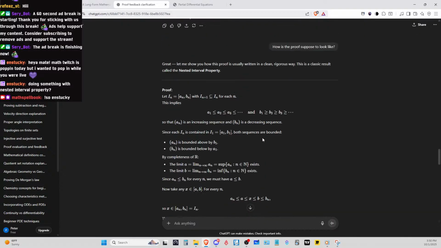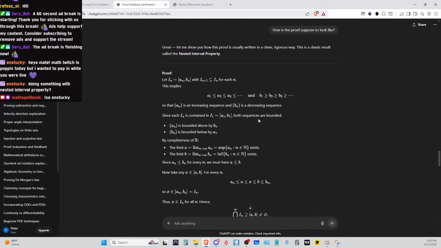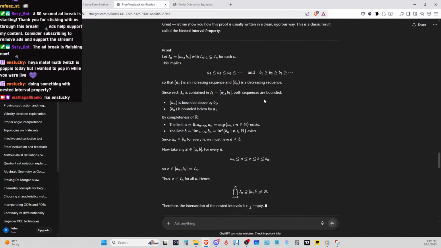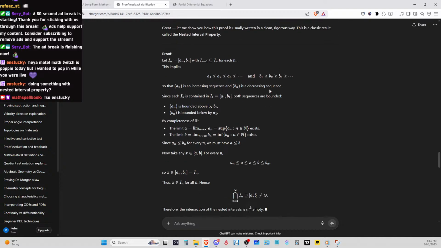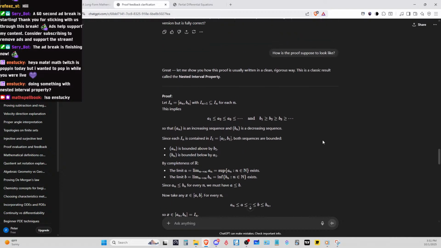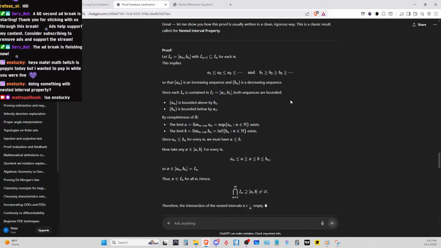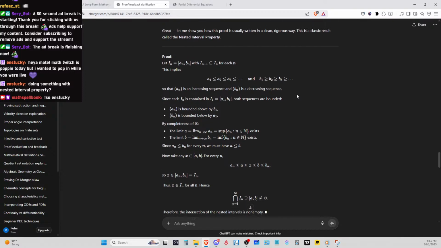But this proof is supposed to be a good way to introduce a little bit of what topology has to offer. Because according to the book, this question is supposed to be a little bit of a taste of topology in some way. I don't know how, but I guess that's what the intention was for this proof.